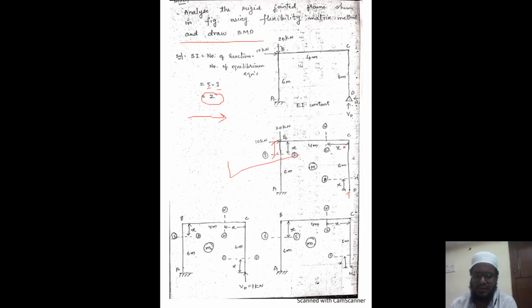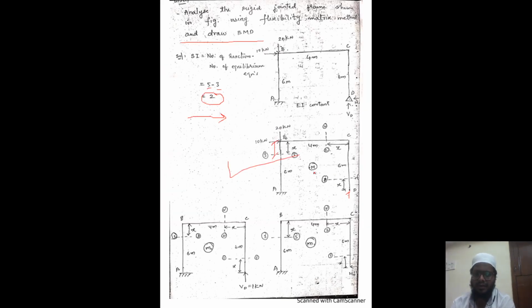0 to 6 meters. So EI, since the modulus of elasticity is not given in the question, it is mentioned that EI is constant throughout the frame. That is, EI will be 1 EI, not 2 EI or 3 EI, only 1 EI is given in the question. So we'll try to calculate moment at this particular point.